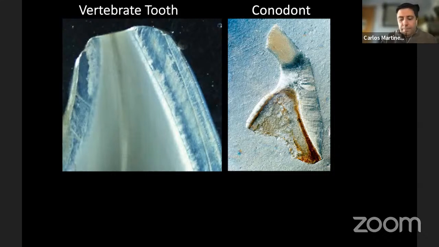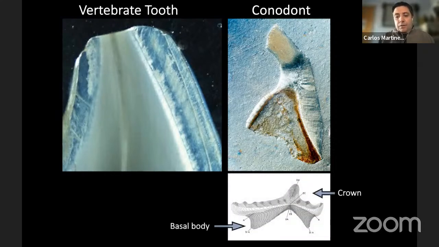It's a convergence, but they still have other features in the soft body, in the soft tissue that we found in the body preservation in Scotland, that can help us to understand the vertebrate affinities. But the thing we see is a very hypermineralized tissue, very similar to enamel and dentin. Conodonts have two different parts, very similar to what we can find in vertebrates, the crown tissue and the basal body, which are not exactly dentin and enameloid, but are very similar.